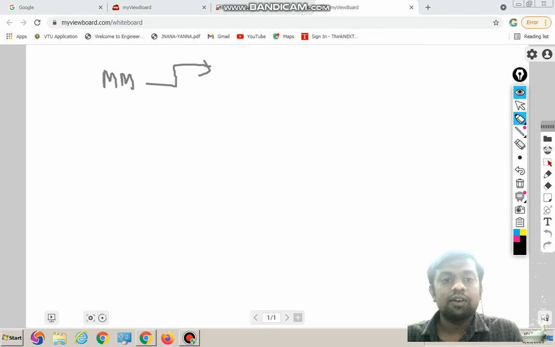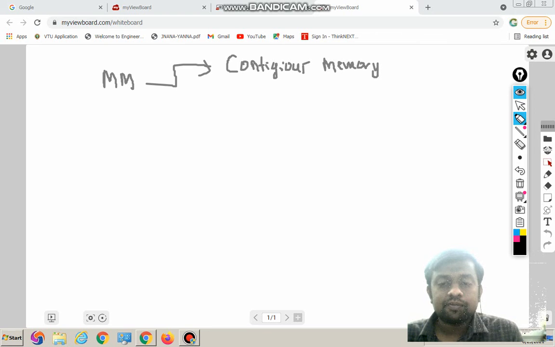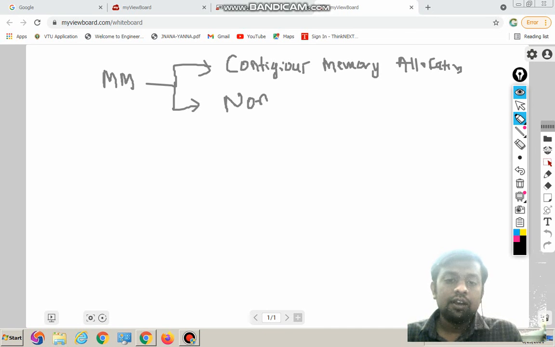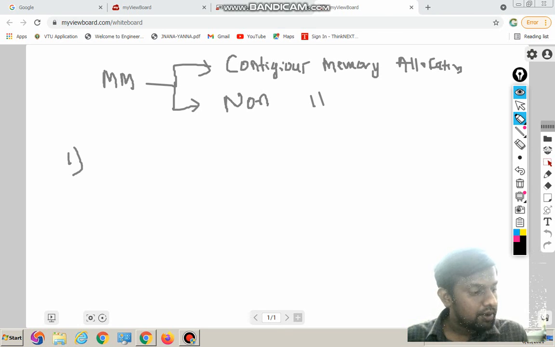The first is by allocating memory continuously, which is called contiguous memory allocation. Memory can be managed by allocating memory continuously, which is called contiguous memory allocation. And then we have non-contiguous memory allocation. Today's session will start with the first type, that is contiguous memory allocation.